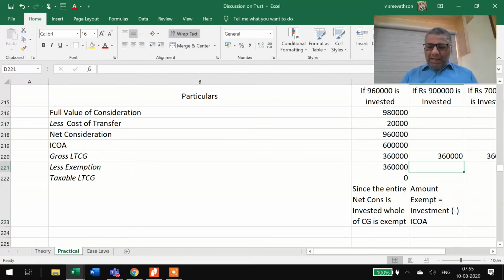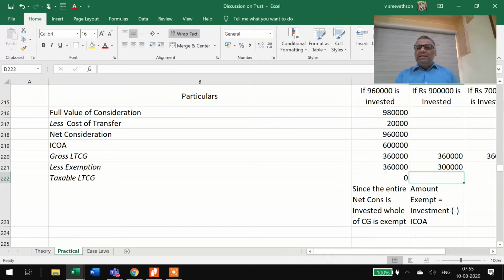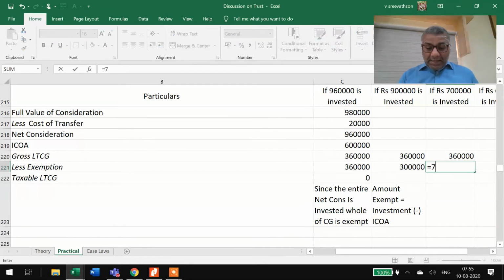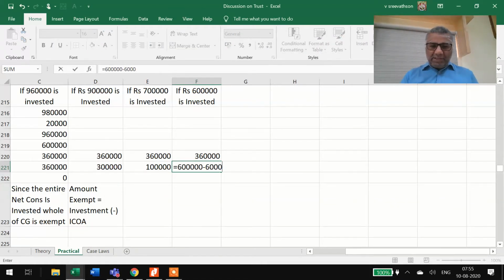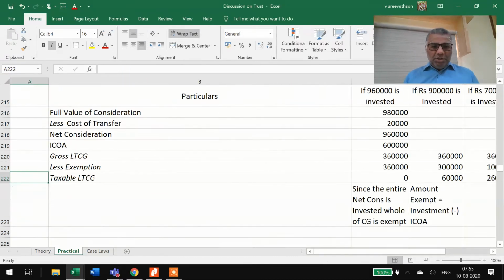It will be 9 lakhs minus 6 lakhs. 9 lakhs is the amount invested, 6 lakhs, so remaining 3 lakhs. In this case, 7 lakhs minus 6 lakhs. And in the last case, 6 lakhs minus 6 lakhs. So absolutely there will not be any exemption. So the taxable component.